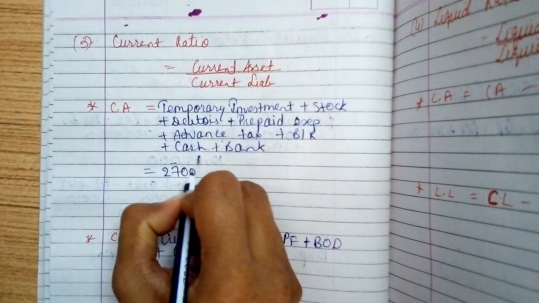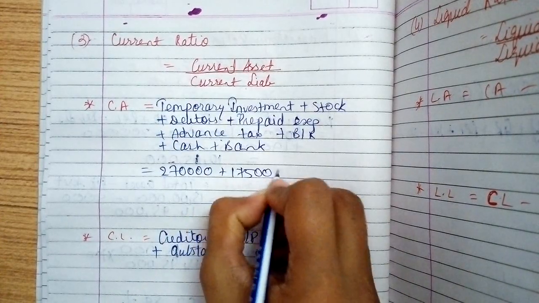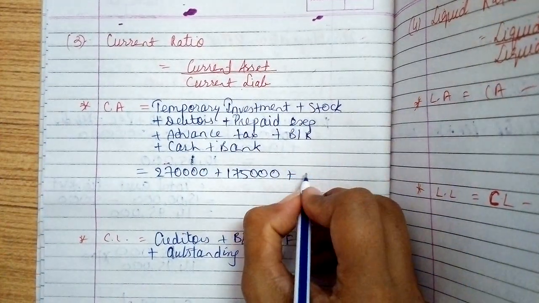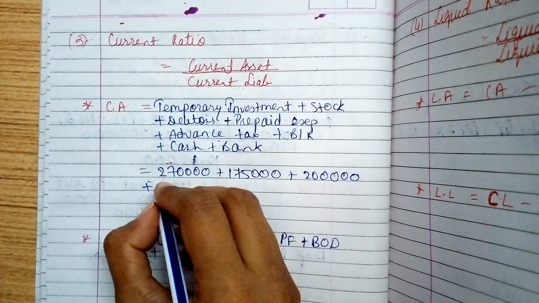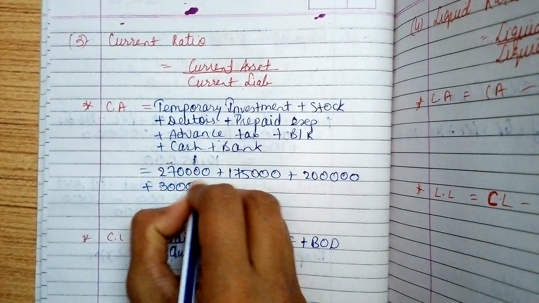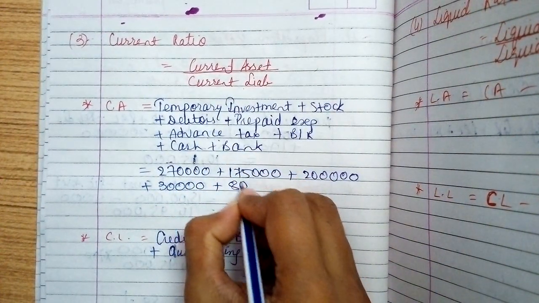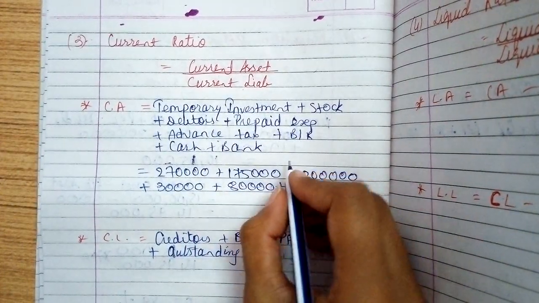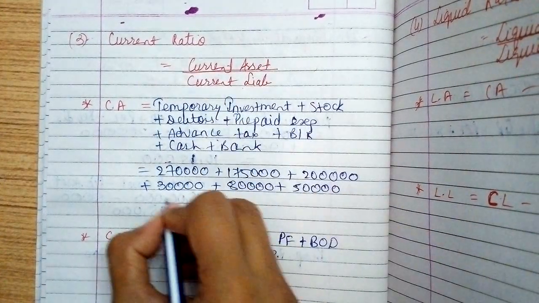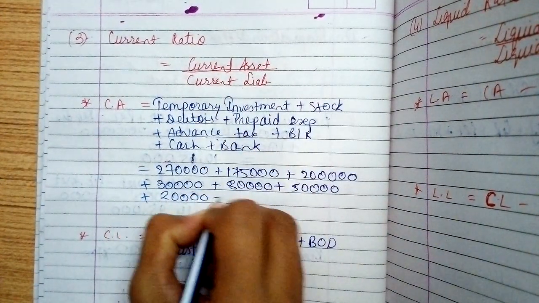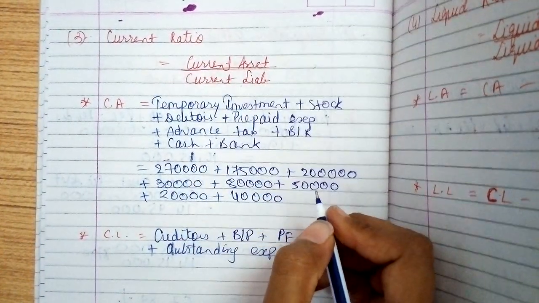So 2,70,000 plus 1,75,000 plus 2 lakhs of debtors plus 30,000 of prepaid expense, 80,000 of advance tax, 50,000 rupees of bills receivables, 20,000 rupees of cash and 40,000 rupees of bank balance, right?